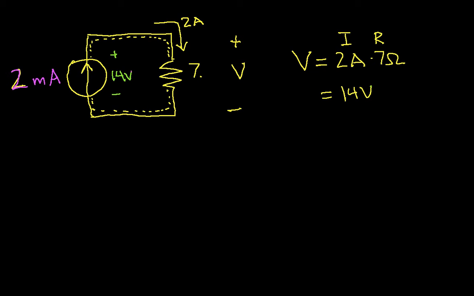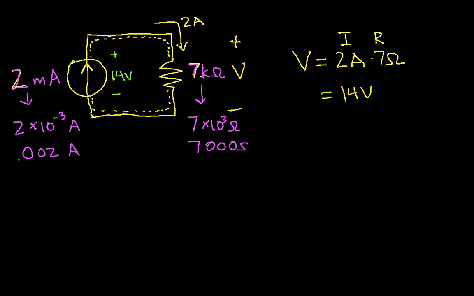And instead of a resistance of 7 ohms, we'll have a resistance of 7 k ohms. Okay? So again, 2 milliamps is 2 times 10 to the minus 3 amps. 7 k ohms is 7 times 10 to the 3 ohms. We might also write this as 0.002 amps and 7,000 ohms.